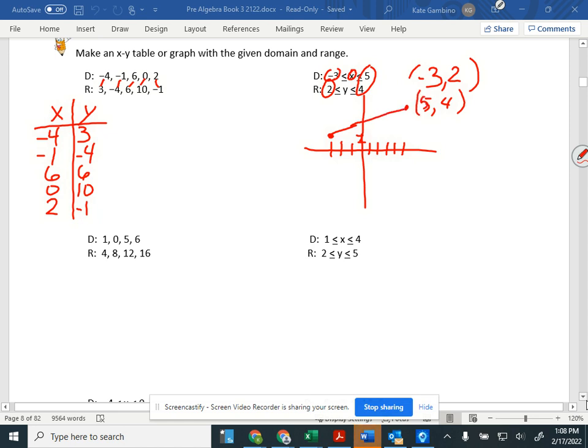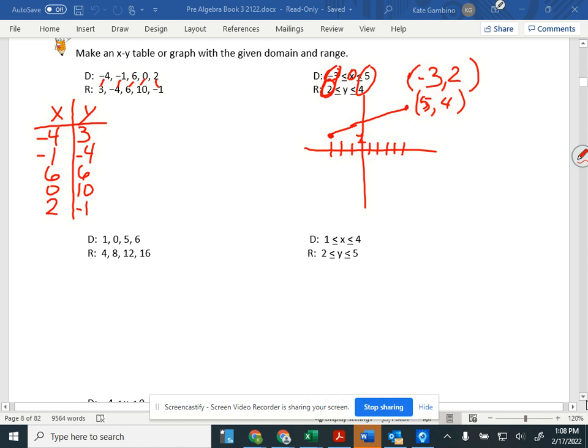Does that make sense on how we graph those inequalities? The inequalities are showing us the x is in between those two numbers. So we know where our beginning part of our segment is and where our ending part of our segment is. You use the first two numbers of your domain and range to make your first pair.